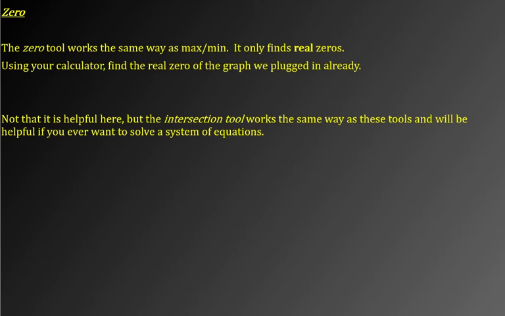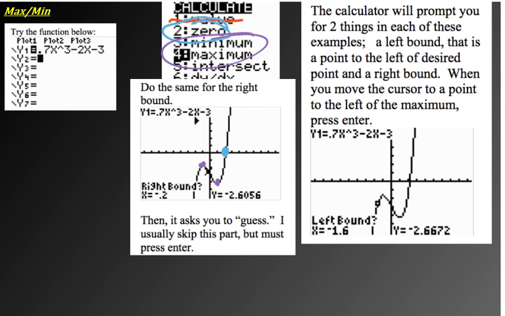I also said down here the intersection tool can be useful at times. It's found in the same area, and it basically acts the same as the max, min, and 0 ones. You just do left of an intersection, right of an intersection, and then guess.